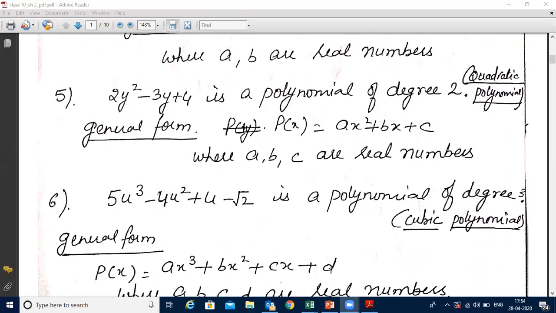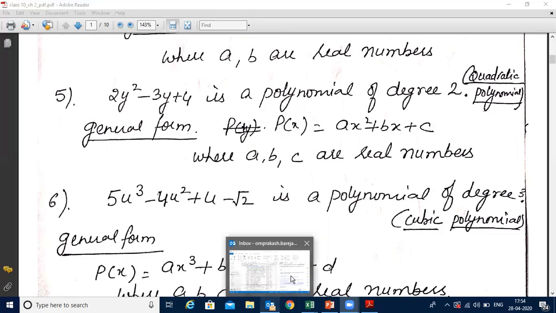In the next term, 4u square, the power is 2, and in the third term the power of u is 1, and the last term is a constant term. So the maximum power of the variable here is 3, so its degree is 3. What do you call this type of polynomial having degree 3? It will be called a cubic polynomial.